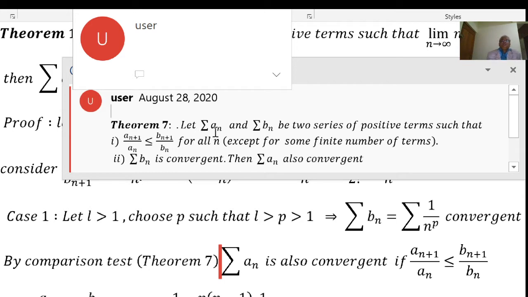I can say like this also. Let sigma a_n and sigma b_n be two series of positive terms. If sigma b_n is convergent, then sigma a_n is also convergent, if this condition is satisfied, that a_(n+1) divided by a_n is less than or equal to b_(n+1) divided by b_n.